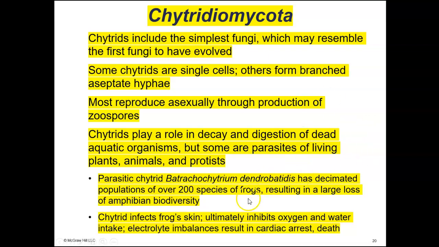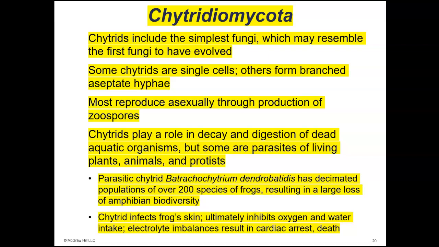I had mentioned to you that there was a type of chytrid that caused a disease in frogs and affects their skin. The name of the species that causes this skin disease is Batrachochytrium dendrobatidis.